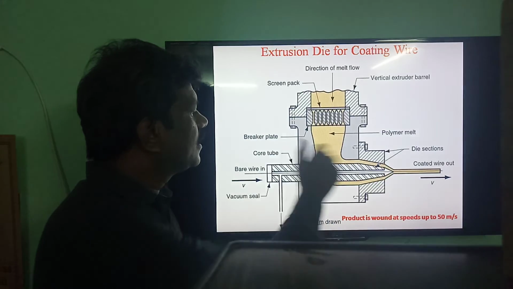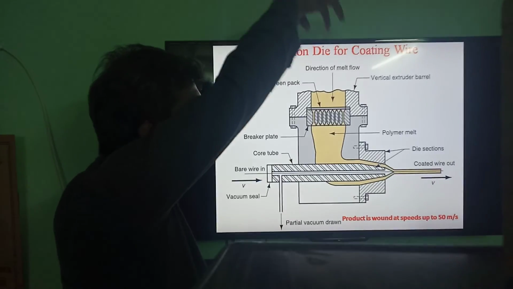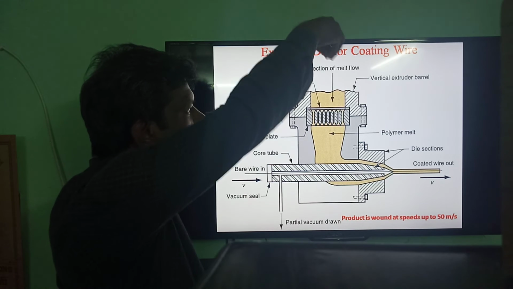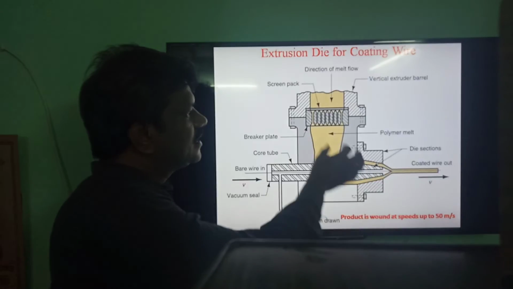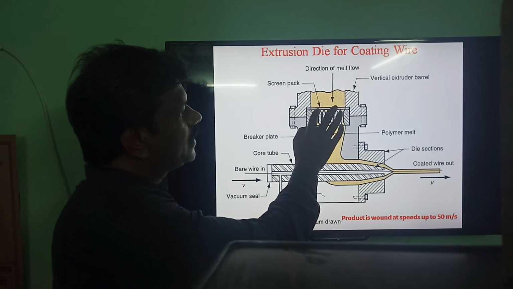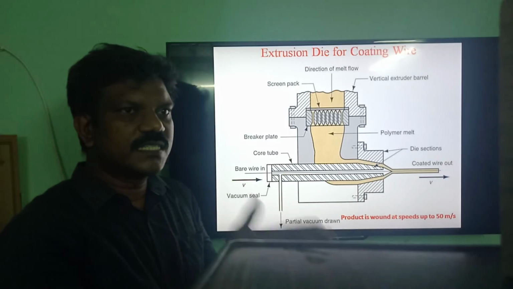See this diagram, right? Here the barrel is provided in the vertical direction. The molten plastic is coming from the vertically downward direction. That will be coming here. Here we have the breaker plate. Above the breaker plate we have the screen pack. Screen pack is nothing but a mesh, right?